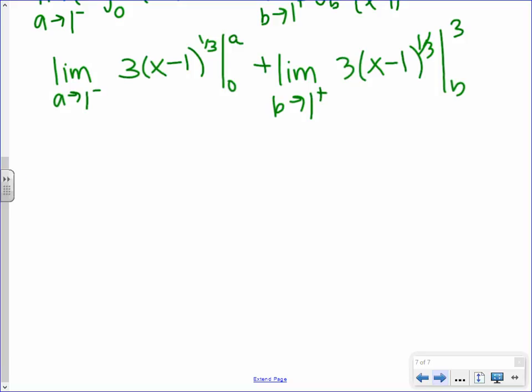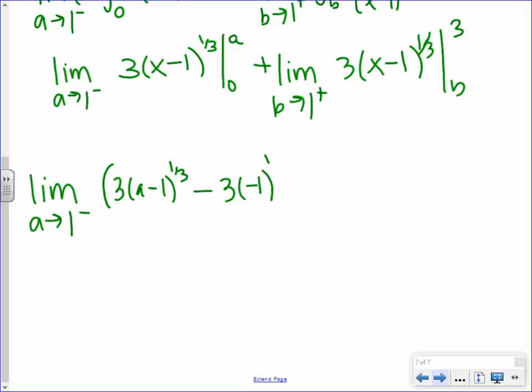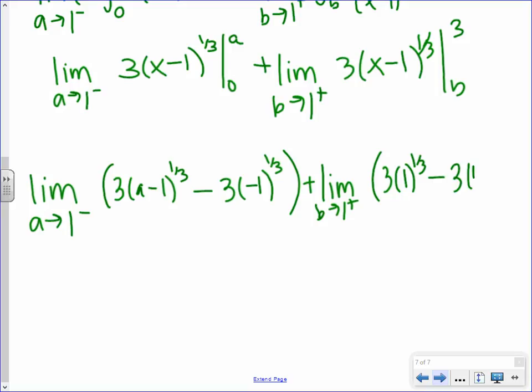Alright, so we have two limits to evaluate here. We have the limit as a approaches 1 from the left of 3a minus 1 to the 1/3 minus 3 times negative 1 to the 1/3, plus the limit as b approaches 1 from the right of 3 times 1 to the 1/3 minus 3 times b.